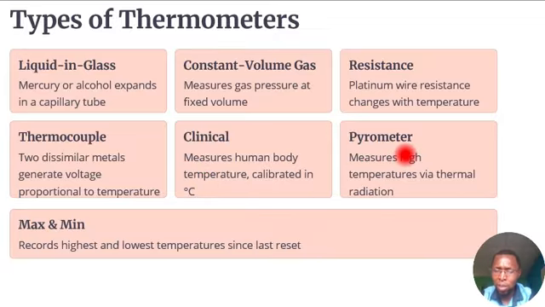Then we have the pyrometer. The pyrometer measures high temperature using thermal radiation. So the thermal radiation measurement is what gives us the value of the temperature of that substance. And we have the maximum and minimum thermometer. This maximum and minimum thermometer, as well as the clinical, are still under the family of liquid in glass because maximum and minimum also make use of thermometric liquid.